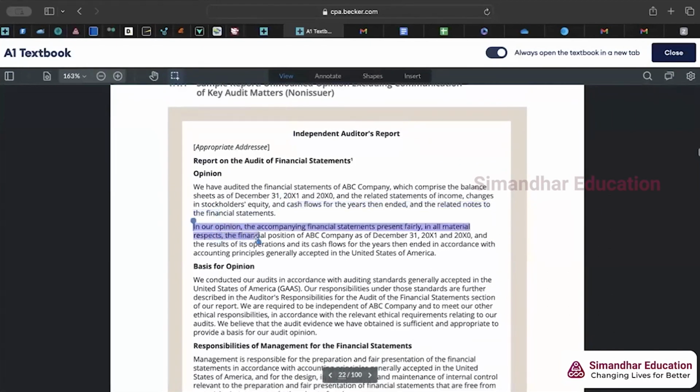In our opinion, the accompanying financial statements, in all material respects, present the financial position of the company and the results of operations and cash flows for the year then ended in accordance with GAAP, generally accepted accounting principles. This is our opinion paragraph.